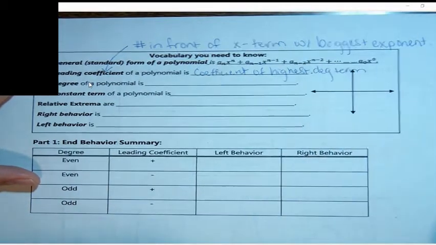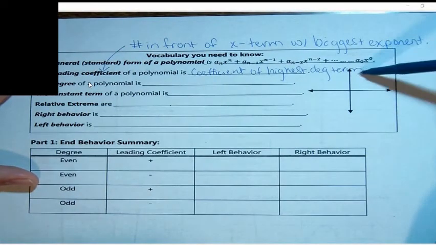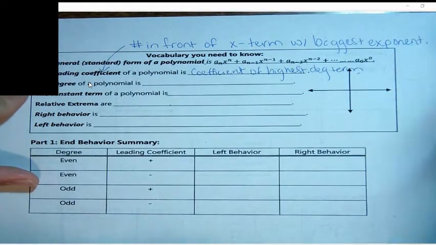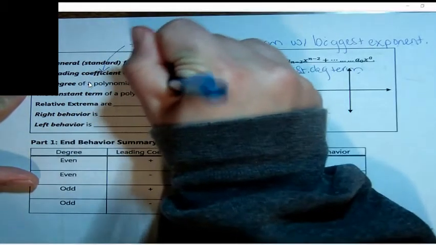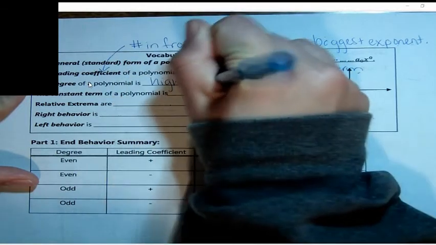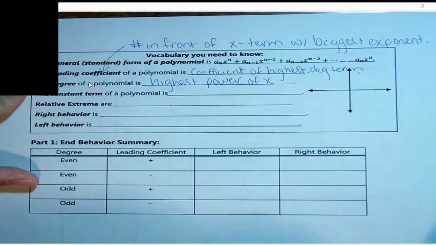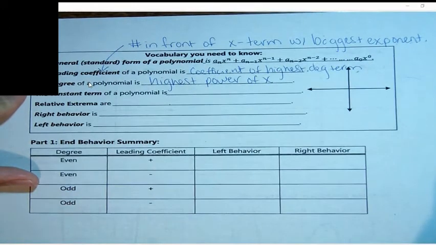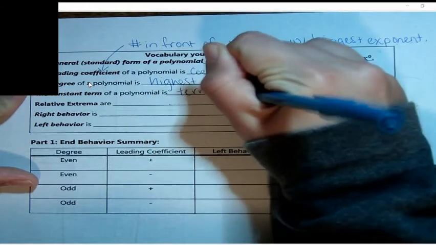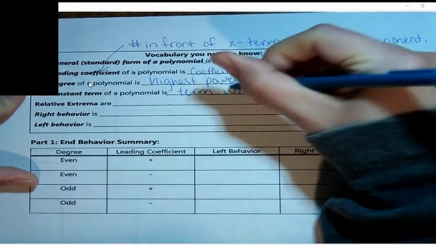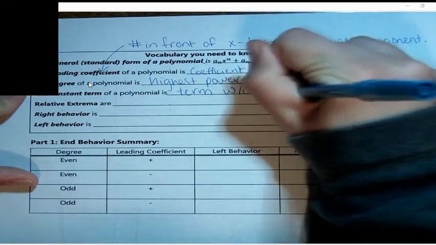Okay. Those are just 2 different ways to say that. The degree of the polynomial is going to be the highest power of x. The constant term is the term with no x. Without, that's what that stands for, without x.